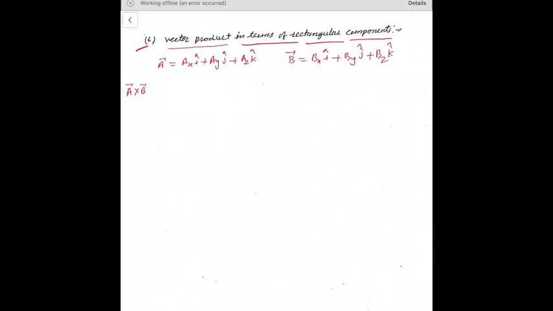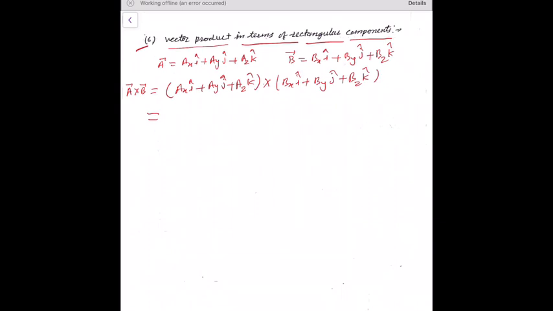Then A vector cross B vector is equal to ax i cap plus ay j cap plus az k cap cross bx i cap plus by j cap plus bz k cap.